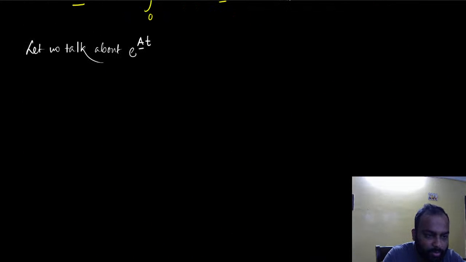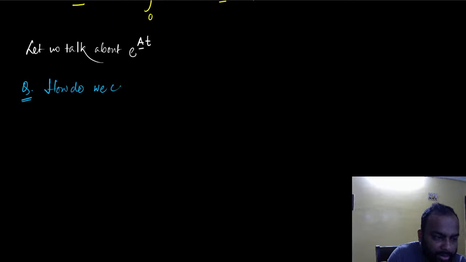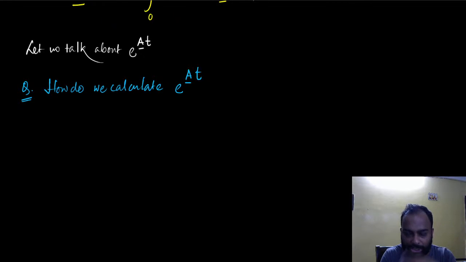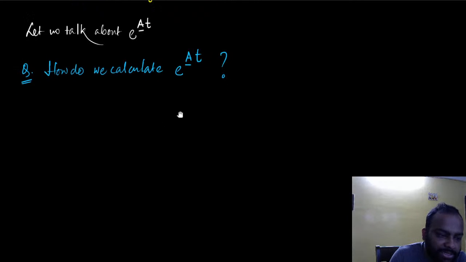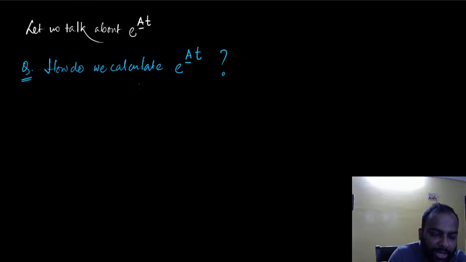My question is how do we calculate it? Let's explain how we calculate e to the power At, and then I will explain what it actually means. We shall have a feeling about this. So how to calculate e to the power At?